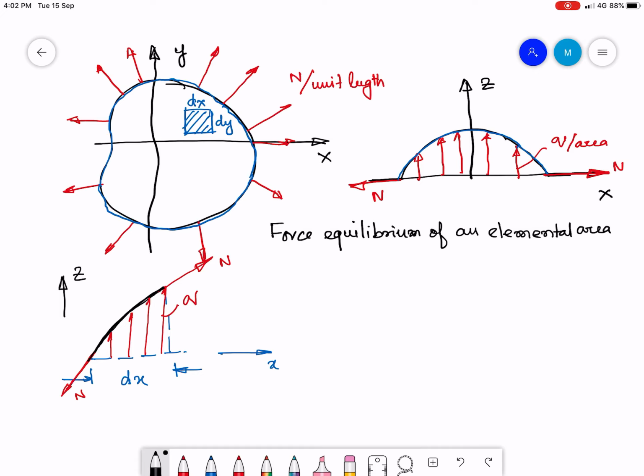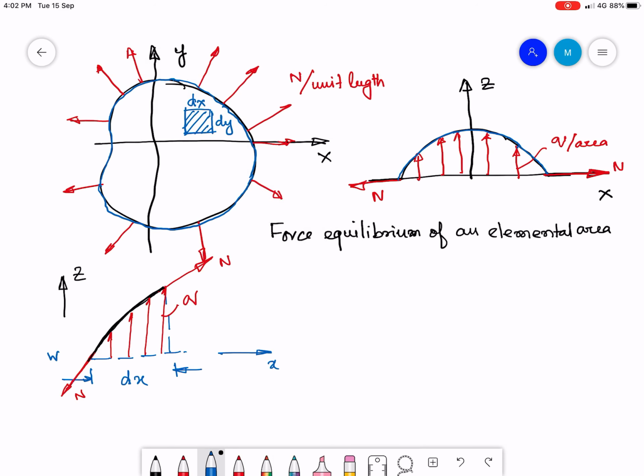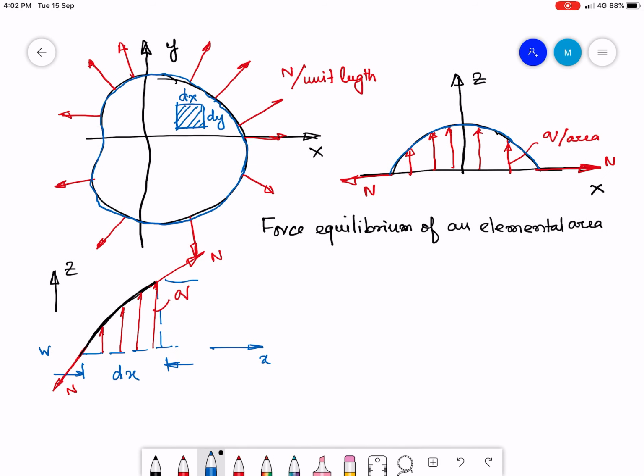Now, let us try to find out the net force in the z direction. Before we move into finding the net force in z direction, let us say that the displacement at this point is w, and therefore at this point it is w plus del w by del x.